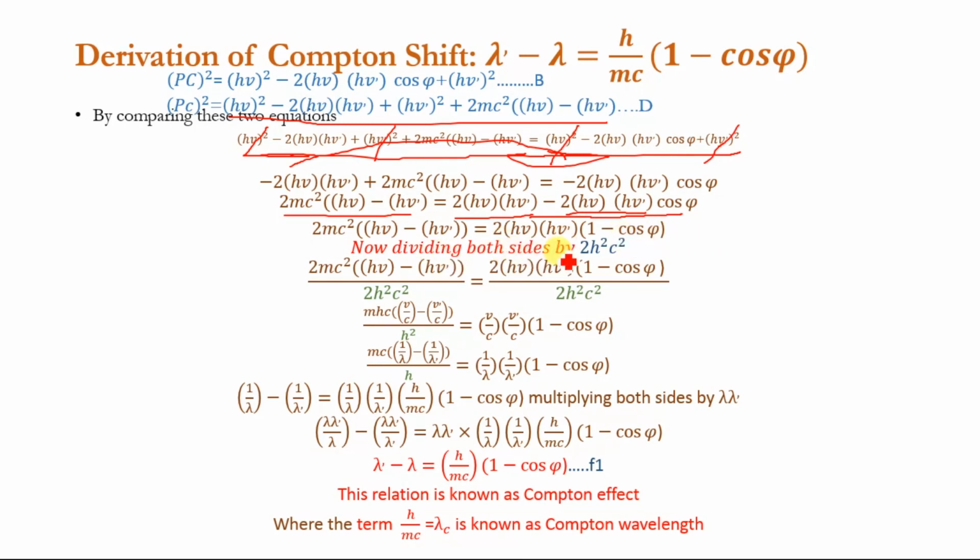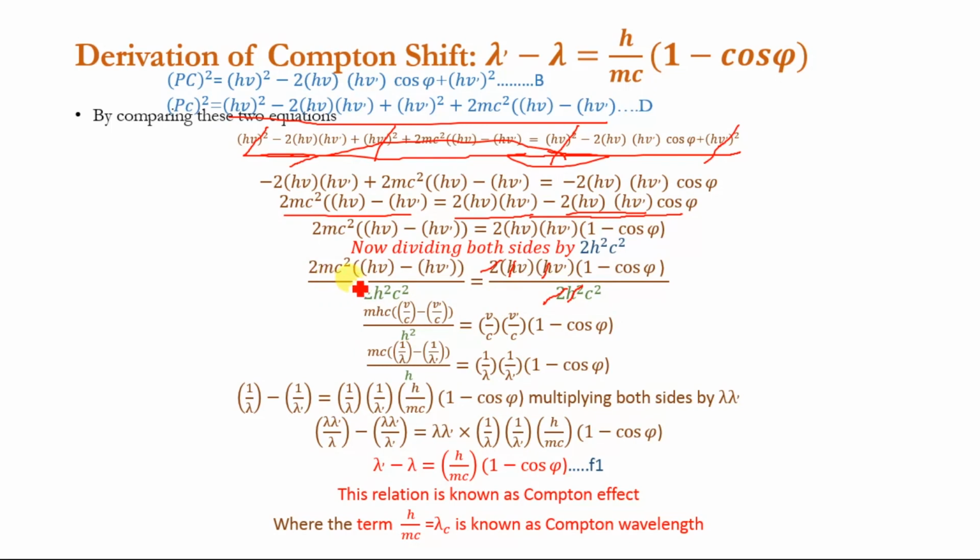Now dividing both sides by 2h²c², we get this h and this h become h squared and cancel with this one. This 2 cancels with this 2.